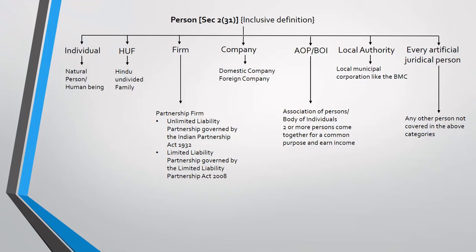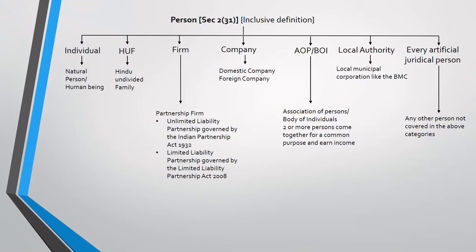Now, let me give you an example for this. Suppose there are 3 complexes in an area built by 3 different builders. They are all unable to sell their flats because these complexes are very far away from the railway station or the bus stop. So, these 3 builders come together and start a bus facility from the station to the complex and back from the complex to the station, running all throughout the day.